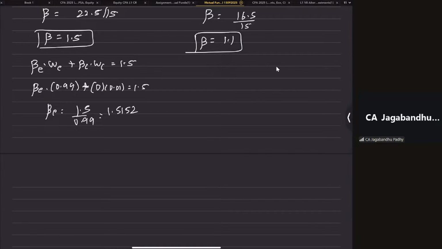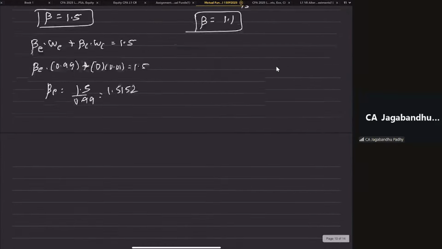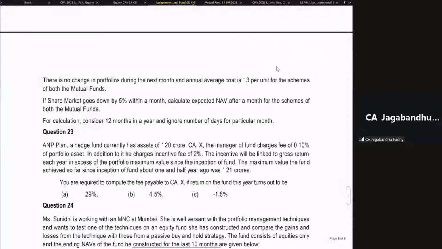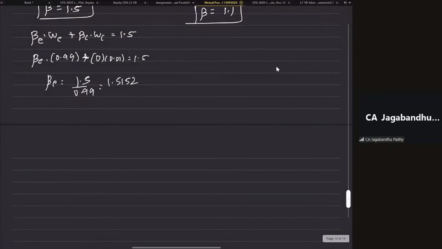So beta of equity is 1.5152. So what is the change happening in the market? Market goes down by 5%, right? So market falls by 5%.